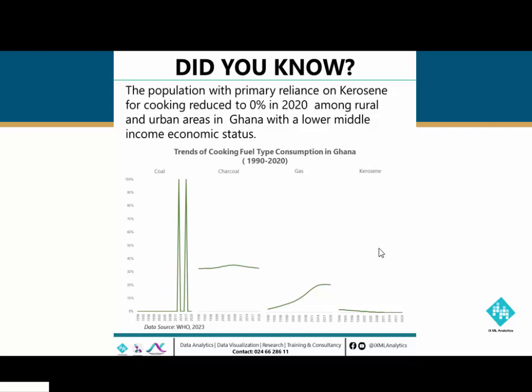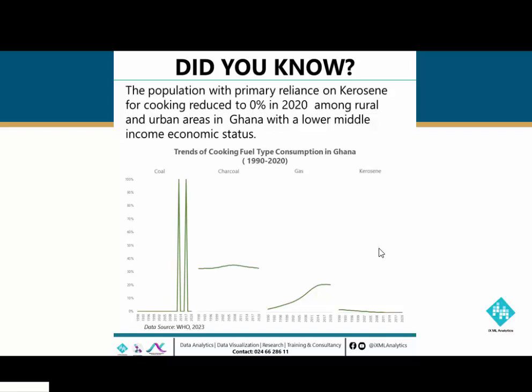Remember, I told you I was embarking on a data story project about climate change or the use of cleaner sources of energy in Ghana. Surprisingly, I found that in this modern Ghana, 2024 Ghana, the population with primary reliance on kerosene for cooking, so sources of energy, this is primary.